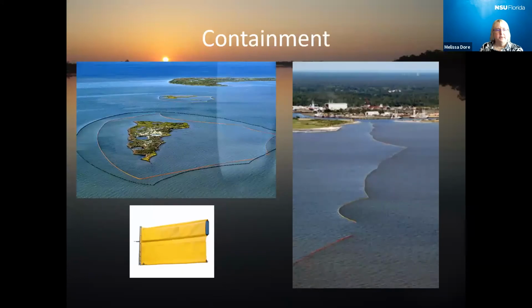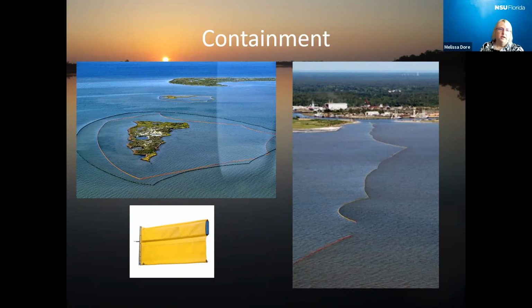So containment, here we go as a sample. Oil floats when it's in its thing. So it floats up there. So by using containment and by using these booms, they're about 18 to 48 inches above the water and below it. The problem with containment is it can only be used in slow and calm waters.